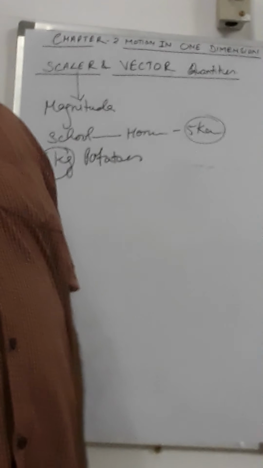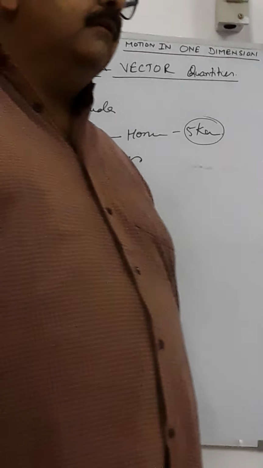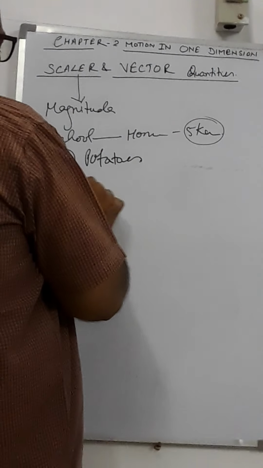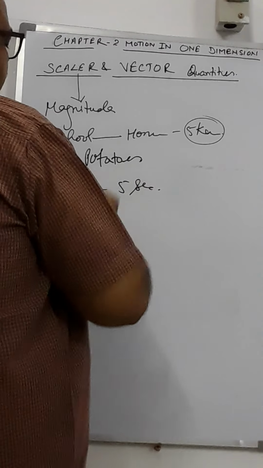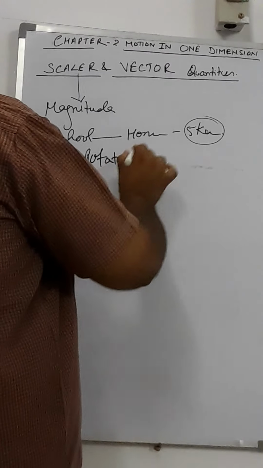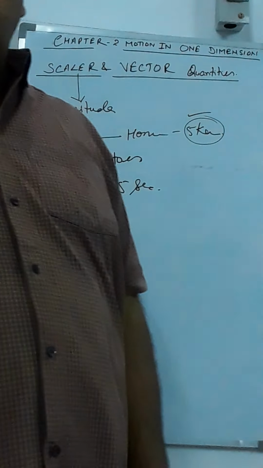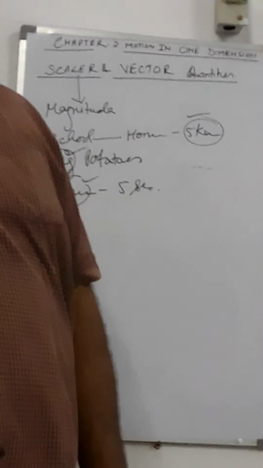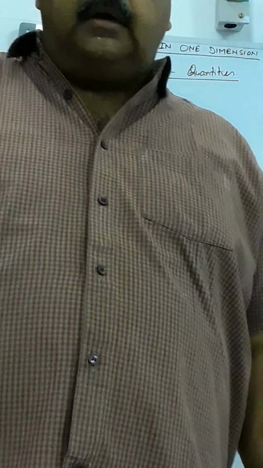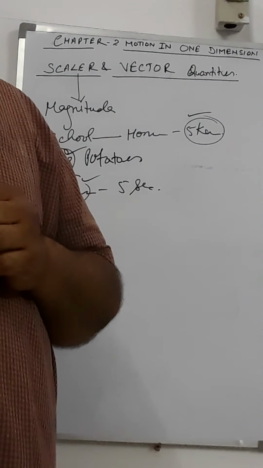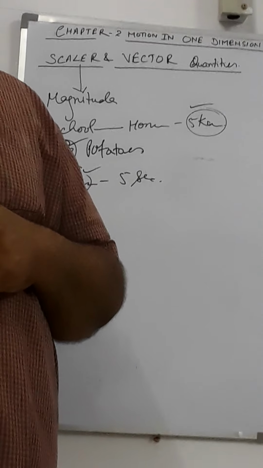Examples: mass, length, time, 5 seconds. Clear? Speed, temperature and all, at least 3 examples we have to learn. Scalar quantities can be added, subtracted, multiplied, divided by simple arithmetic methods.